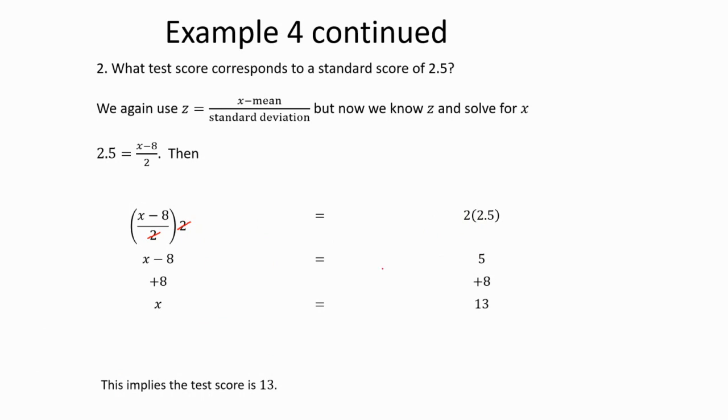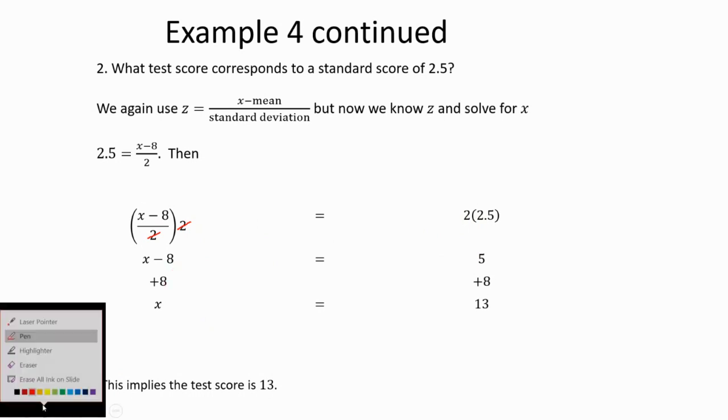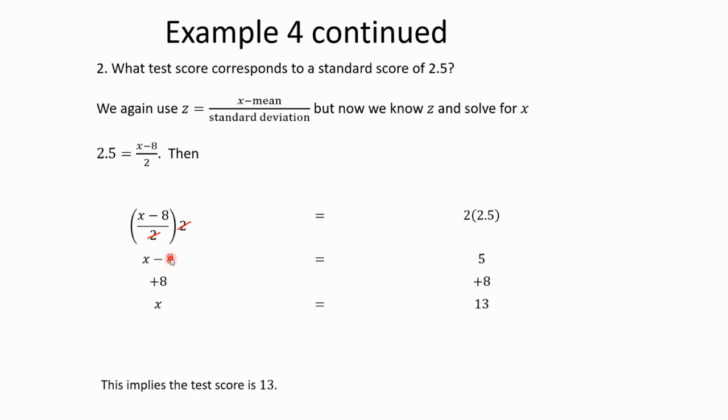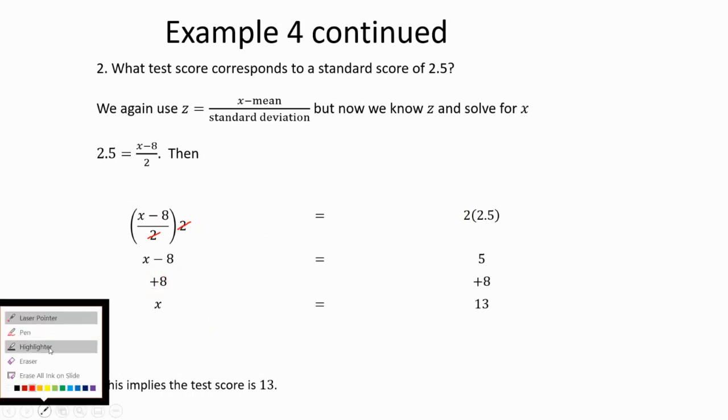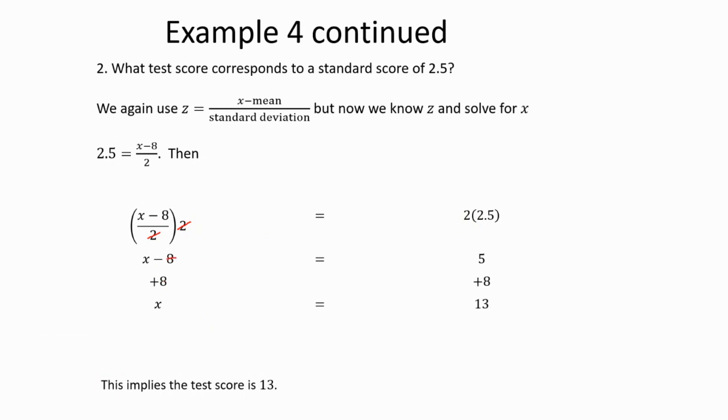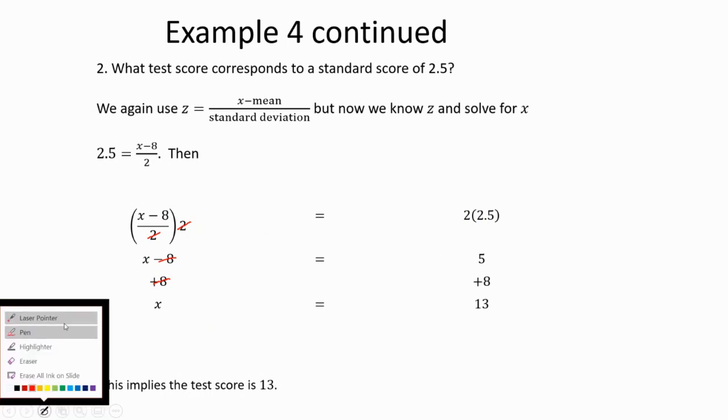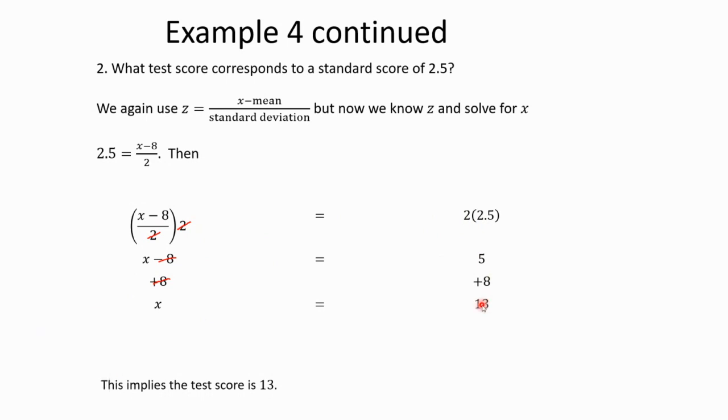So we have x minus 8 is 5. How do we get x? We add 8 to each side, because now the 8s are going to cancel. We get x all alone on the left, and on the right, we get 13.